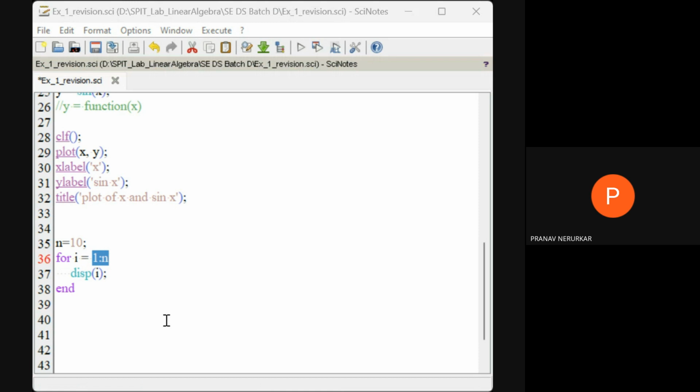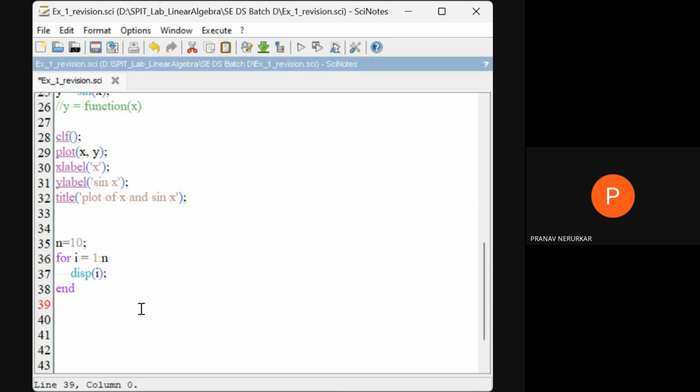Next, you can also break in this if i is, let us say, 4, then you can break from the loop. Break is to exit the loop and not the control structure.